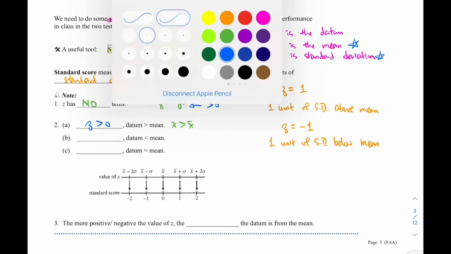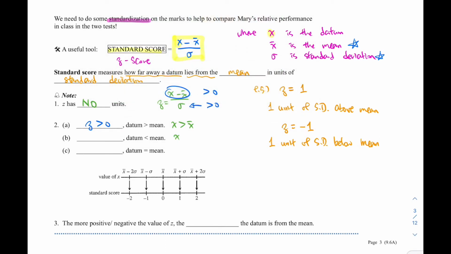Similarly, when the datum x is less than the mean, then the numerator is negative. So the standard score is negative. The third case, when x is equal to the mean, then x minus x bar is 0. 0 over sigma equals 0.